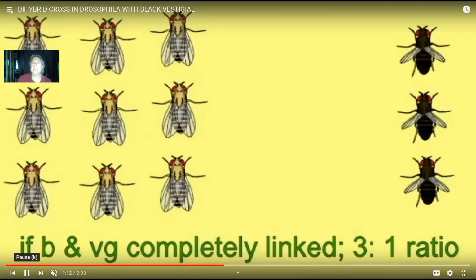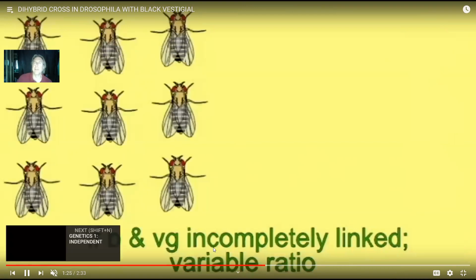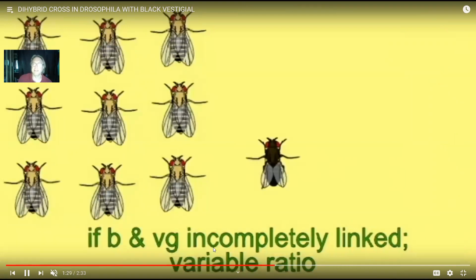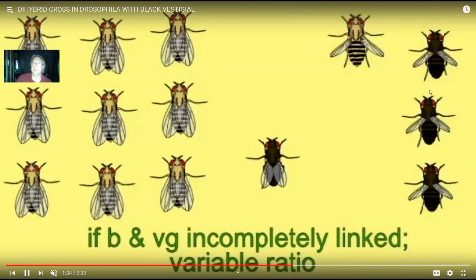What happens if they're linked a little bit? So that they're linked, but crossing over can separate them. Now I'd like to end with this because I'd like to revisit this a little bit later as a form of mapping, and it is very important, but I'd like to just mention this. If they're linked but not completely linked, you would get lots of flies which are dominant for both, lots of flies which are mutant for both.